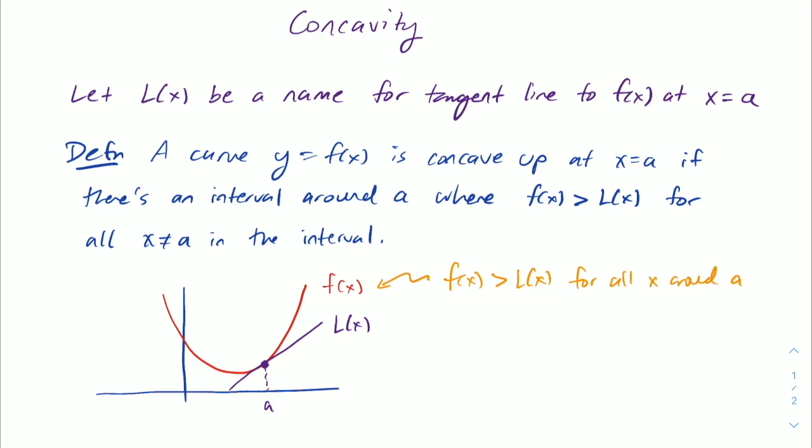So in particular, if we pick an x over here, the output on the line is below the output on the curve. So f of x is greater than L of x. And because this is true, we say f of x is concave up here.